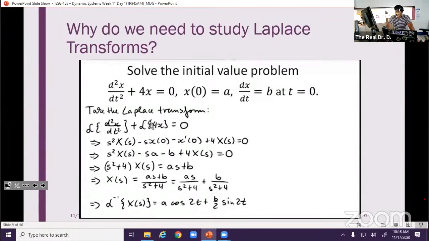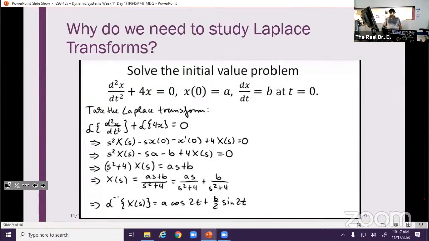We know what the Laplace transform of this is, and also the Laplace transform of the second derivative, which comes to an equation like this, which we then simply solve for x of s, doing some rearranging of the equation. And we then transform back into the time space. And there is our solution to this initial value problem with a second order differential equation.